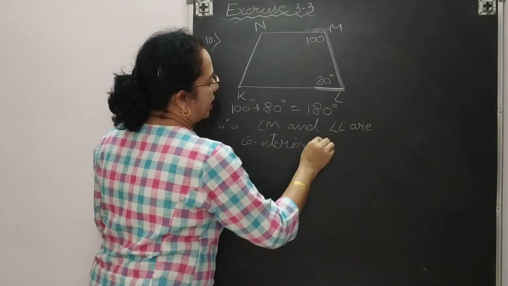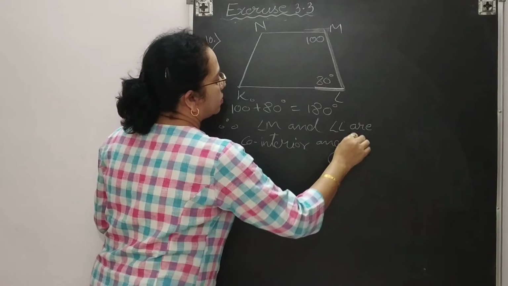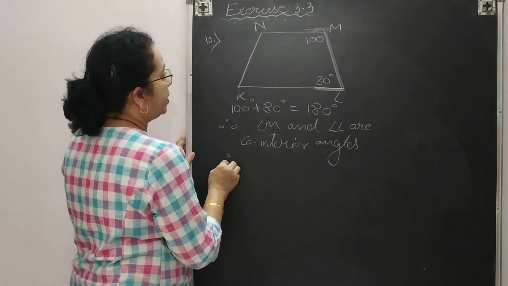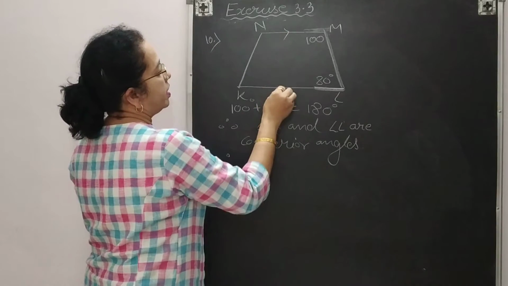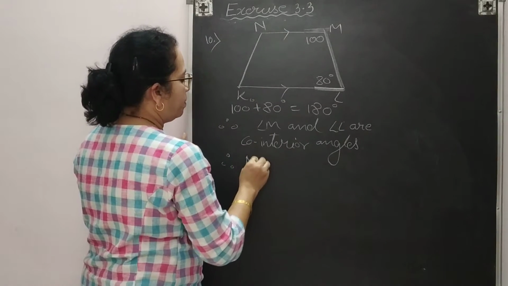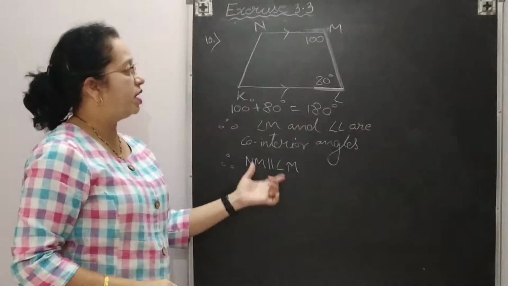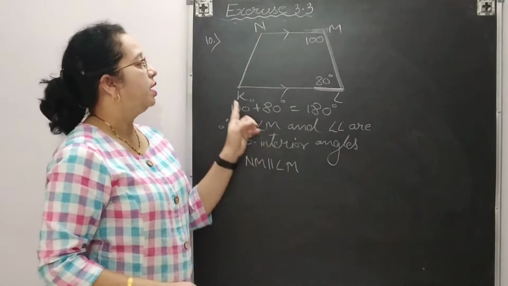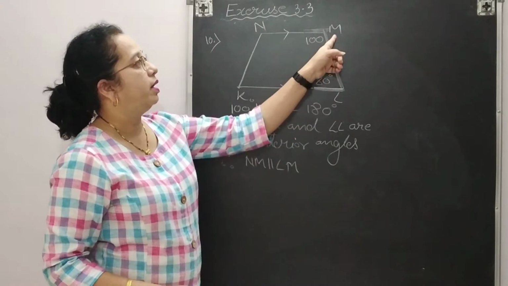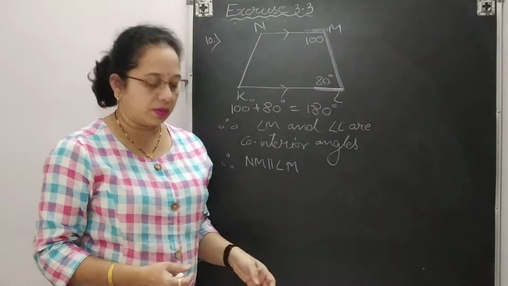And since co-interior angles make the sum 180 degree, therefore we can say that NM and KL will be parallel. And since one pair of opposite sides is parallel, therefore KLMN is a trapezium.